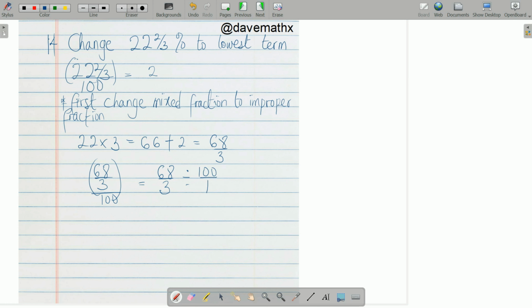We added the 1 to make it a fraction. As the division is converted to a multiplication, 1 becomes the numerator and 100 the denominator. Now that we have 68/300, we must use the number 4 to reduce it to the lowest terms.